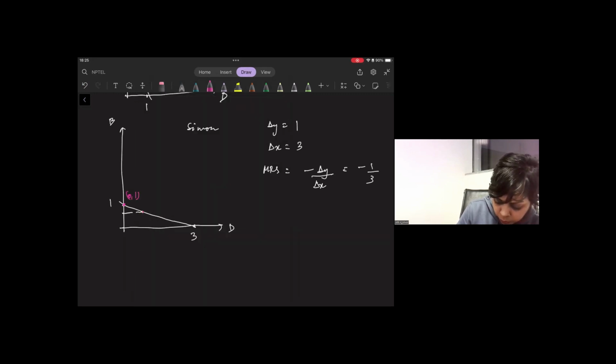Let's say from here we come to some point 1 comma 2, or let's say 1 comma 1. No, it can't be 1 comma 1. It will have to be 1 comma half or something. Okay, so it's not exactly to scale, so don't go by that.